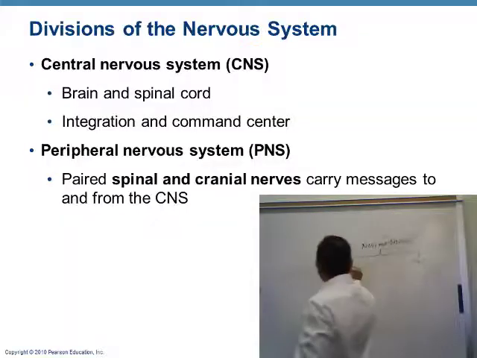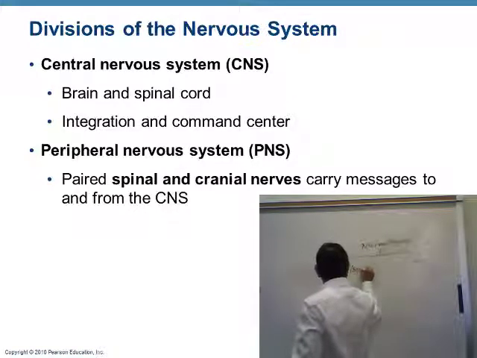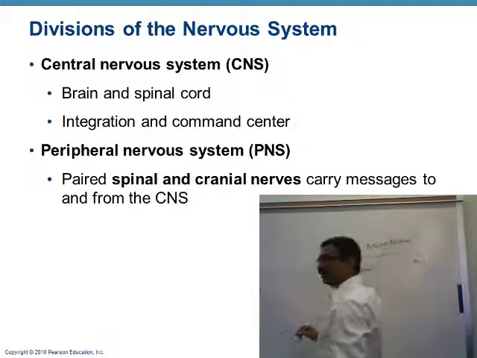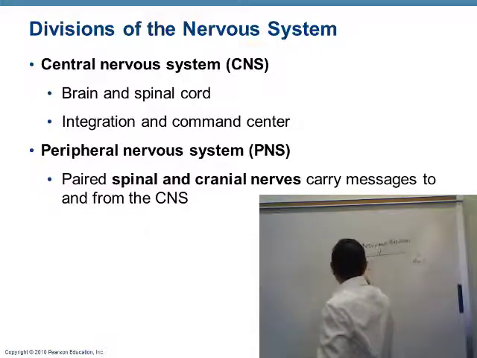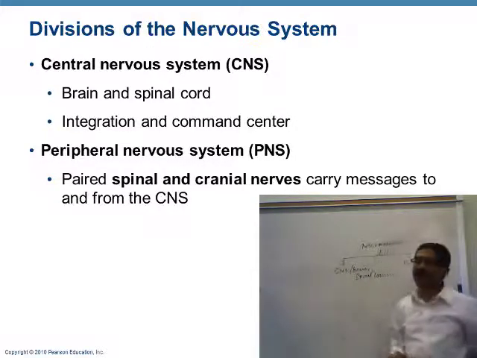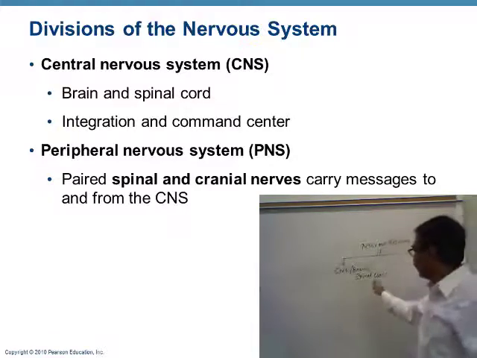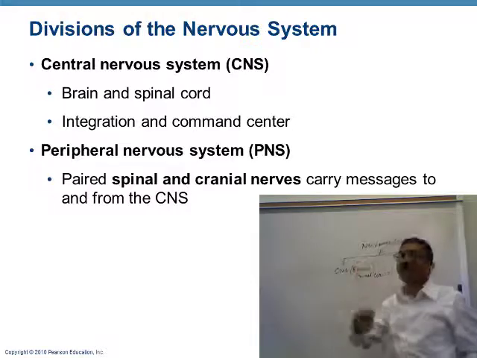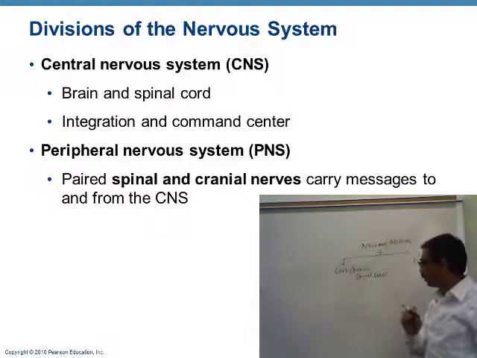The central nervous system consists of the brain. How many brains? One, right? And the spinal cord. How many? Also only one. So, one brain and one spinal cord form the central nervous system.